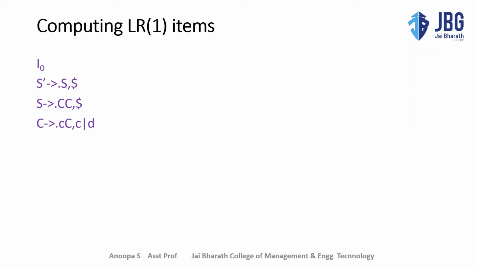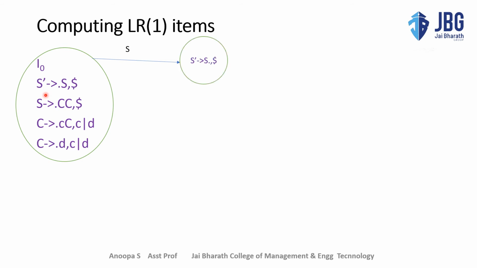I am going to transit via capital S. On S, when I move the dot one step to the right, I get S dash giving S dot comma dollar. When you traverse the dot, you have to include the look ahead same as that of the production.